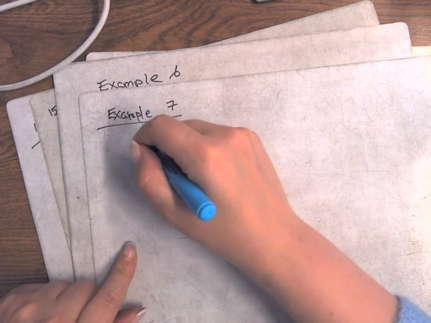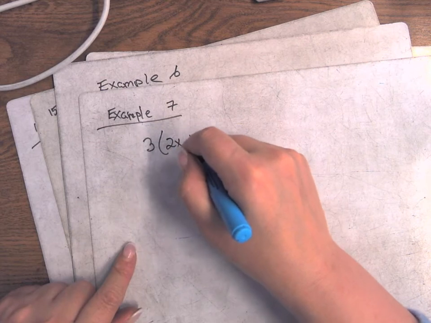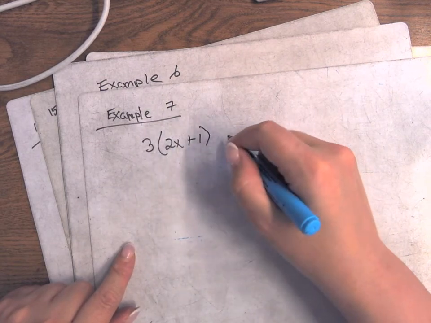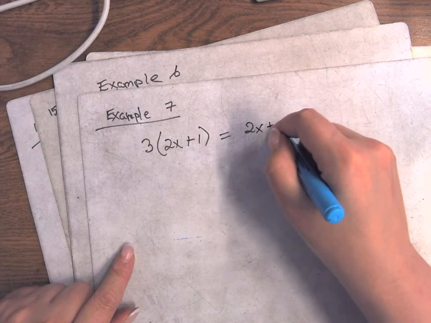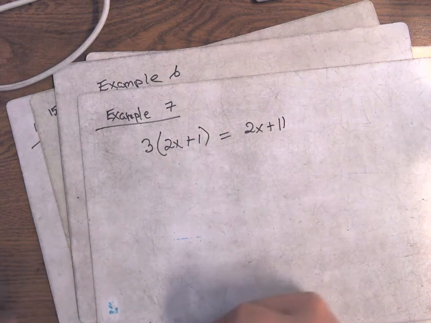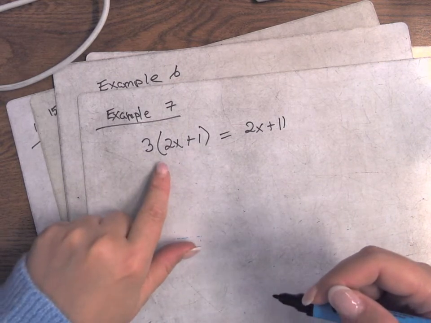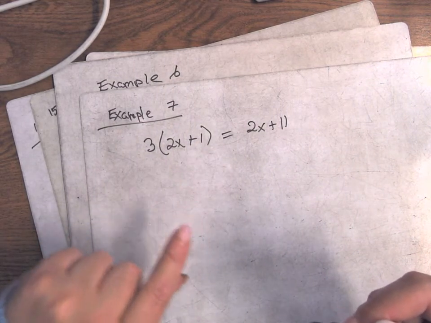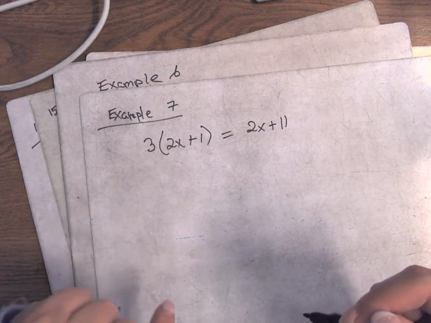Right, so we have 3 times 2x plus 1 equals 2x plus 11. Okay, so what do I do? I have to multiply into the first bracket, don't I? Tori, can you tell me what I get when I multiply into the first bracket?